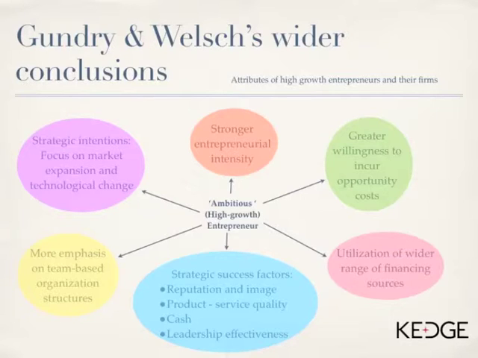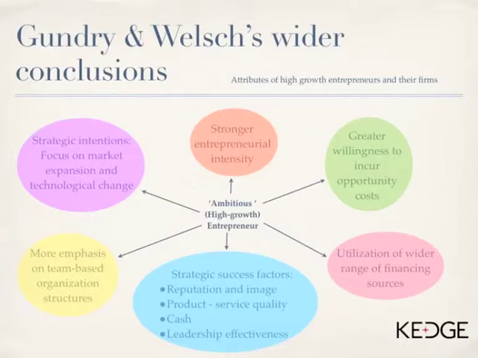Gundry and Welsh also draw some wider conclusions on the attributes of high-growth entrepreneurs and their firms. For them, there are several significant factors that contribute towards ambitious or high-growth entrepreneurs. High-growth entrepreneurs, for example, seem to have a stronger entrepreneurial intensity. They focus more on market expansion and technological change, and they have a greater willingness to incur opportunity costs.